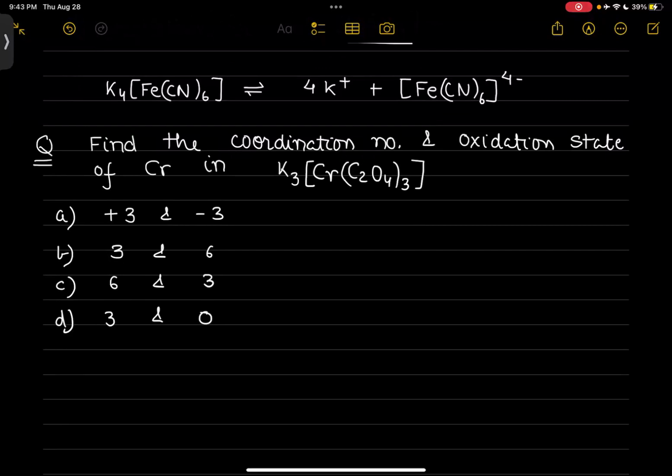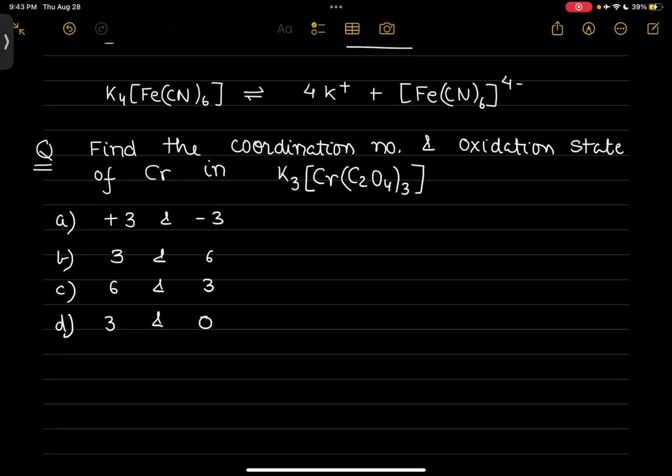You can also try to get the IUPAC name of the complex. So we are going to start with potassium. I hope you may be doing it that way only.